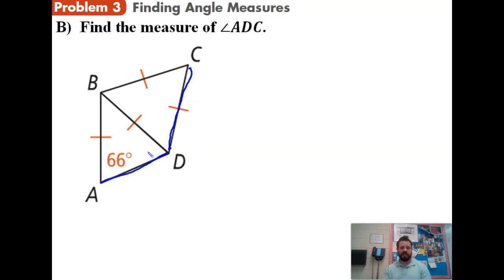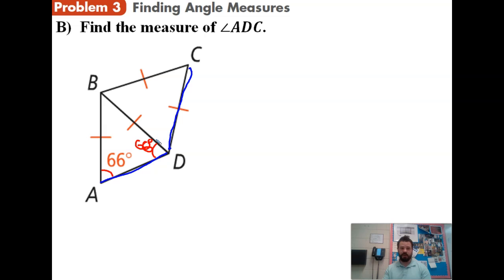The angle on the left I can get using my isosceles triangle theorem. Okay, since I have an isosceles triangle with two sides congruent, I know the angles will be congruent as well. So this angle here, this ADB, will be 66 degrees. And then for the angle on the right, notice on the right I have an equilateral triangle.